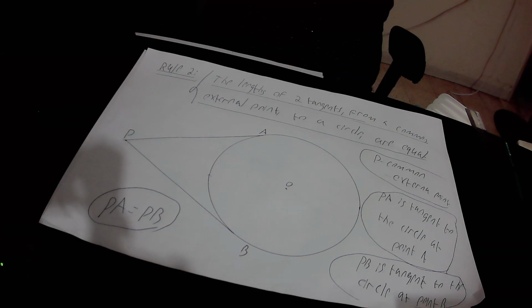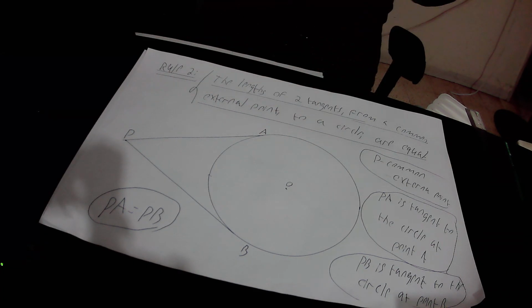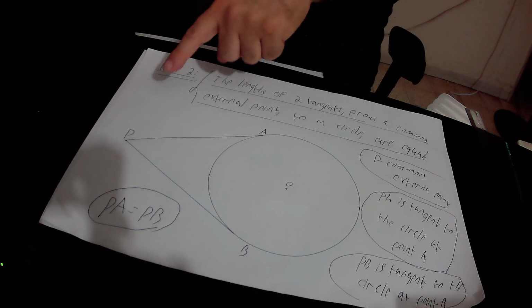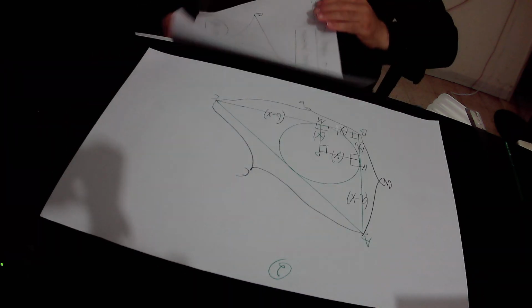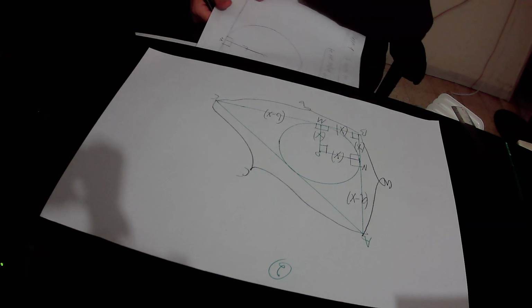And according to rule number 2, PA equals PB. So whenever you draw two tangents from a common external point to a circle, the lengths of those two tangents must be equal to each other. In this case, PA equals PB. So we can actually implement rule number 2 in our drawing.